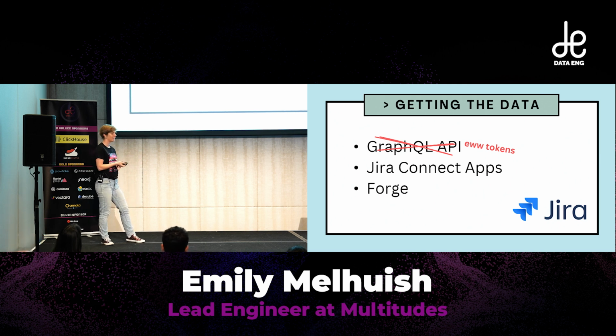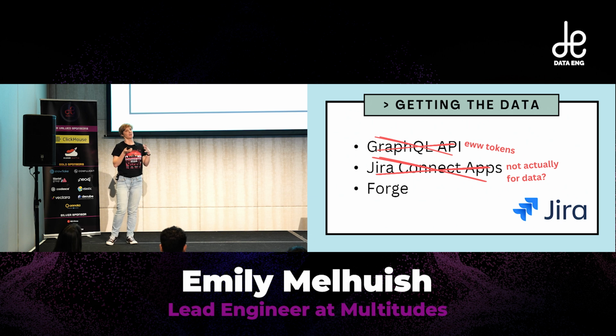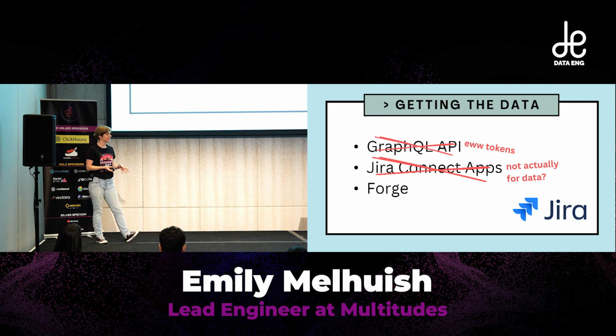Jira Connect apps is unfortunately not really designed for getting data, it seems, more for automation of Jira, which left us with Forge, which was a relatively new thing at the time, and that's basically apps that you can spin up inside Atlassian's infrastructure and then talk to a Jira Cloud account and do things that you need to do. So we elected to go with Forge. We worked with the team at the time, which was quite nice, to help us build Forge. Of course, we're in New Zealand, Atlassian's in Australia, and we were able to actually talk to them and figure out how to build this.